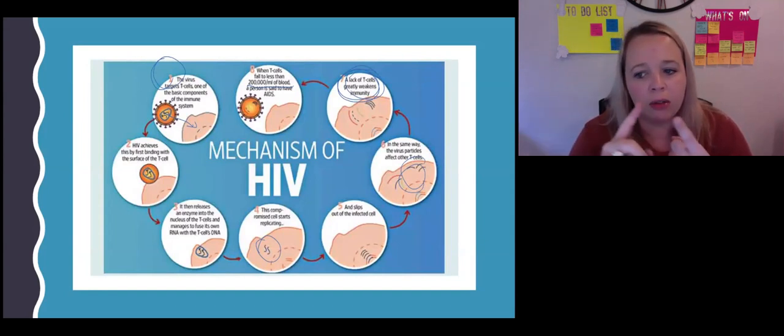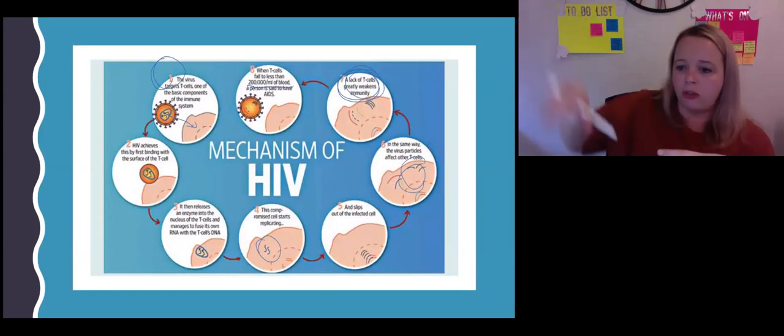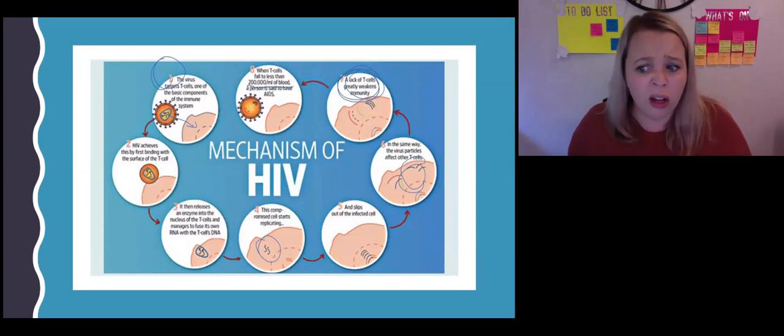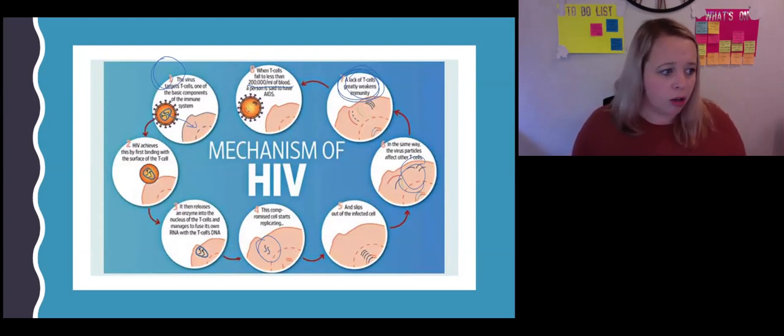So HIV stands for human immunodeficiency virus, and AIDS stands for acquired immunodeficiency syndrome. Okay, so AIDS is like the more severe version after you've had HIV for quite some time. You can have HIV and you can live for quite some time with HIV, especially nowadays. But if it's uncontrolled, then you will eventually develop AIDS.